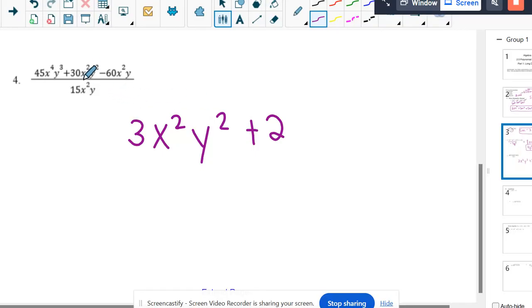What happens to the x's and y's? Oh, wait, sorry. No, they do not cancel out. It's 2y, because this is y squared and this is y. The last one, they cancel out, because you have x squared y, x squared y. So that's minus 4.